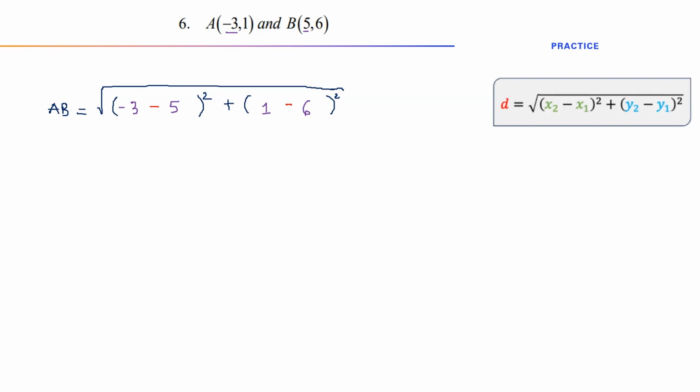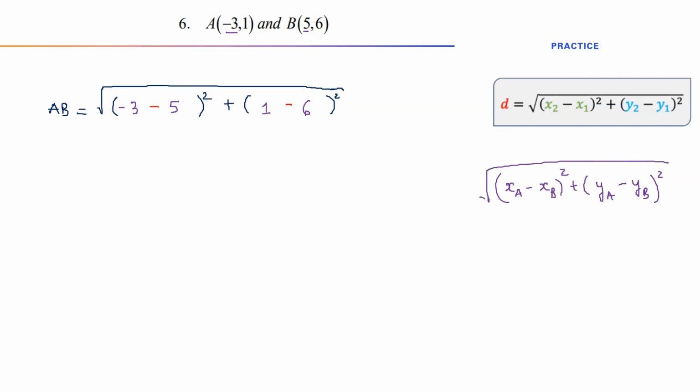Right now, some people will be asking, which one is x1 and x2, y1 and y2? It doesn't matter as long as the point you start with has the same coordinate of the same point. For example, I can take the x of A, subtract the x of B, square, adding the y of A, subtract the y of B, square.